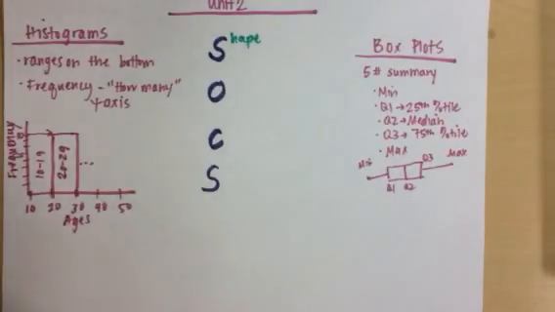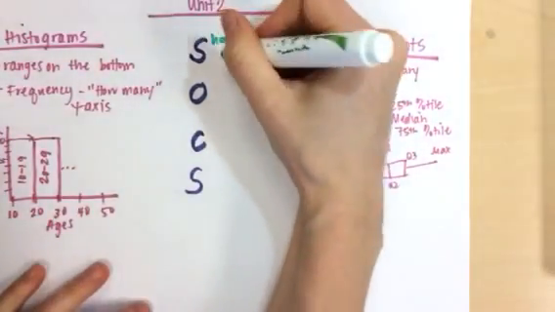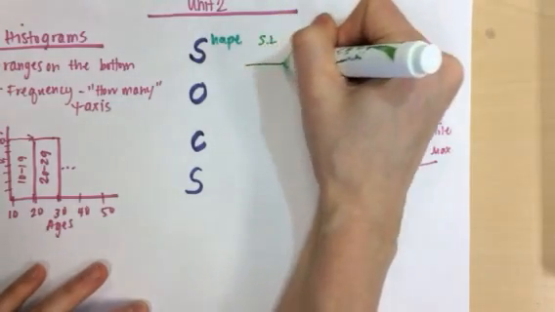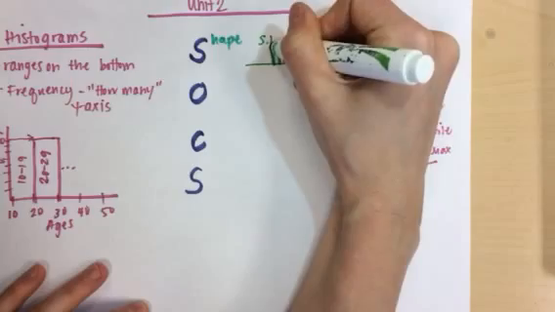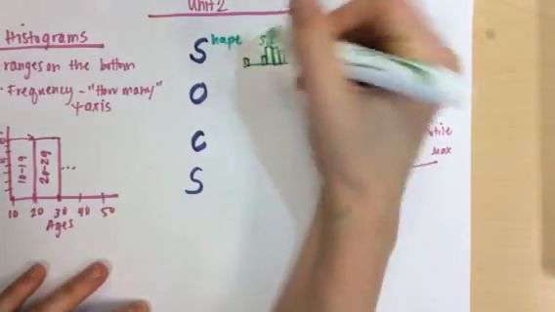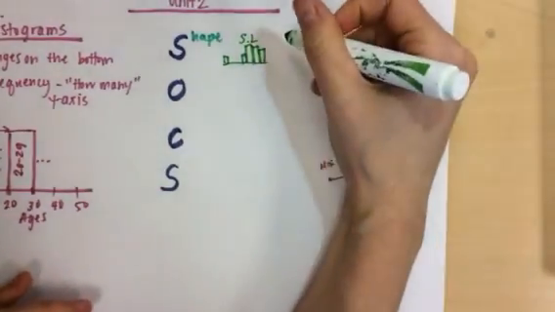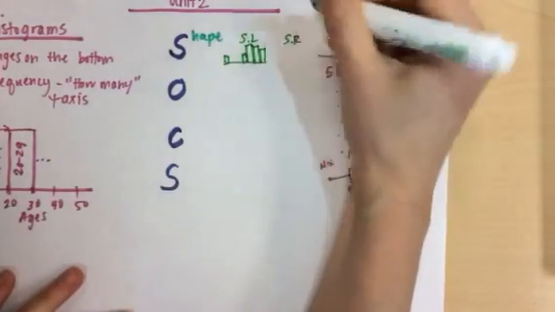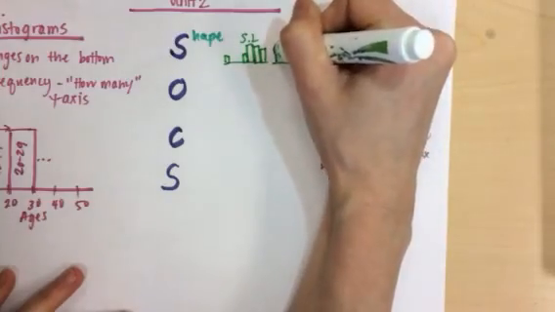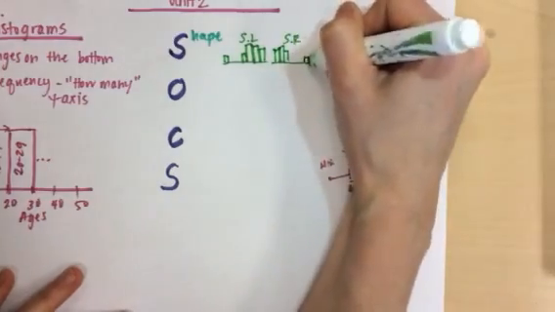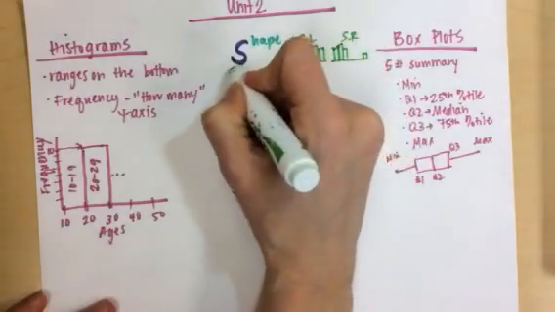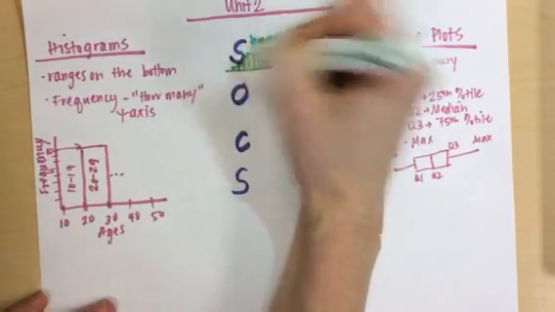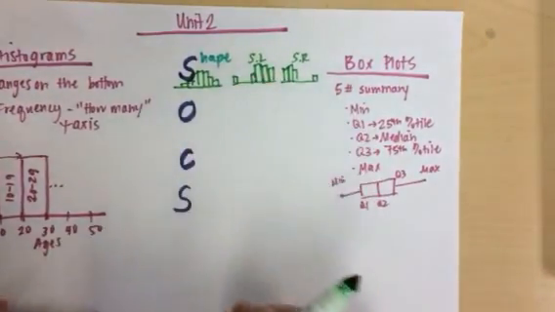For shape, we have skewed to the left, which I'll abbreviate. That would be skinny on the left, which means the majority of your data is actually on the right. Then we have skewed to the right, which is the opposite of that: most of your data is here, but you have a high outlier. And then we have approximately normal, which means your data is kind of evenly spread. We had some other ones, but these were the major ones.